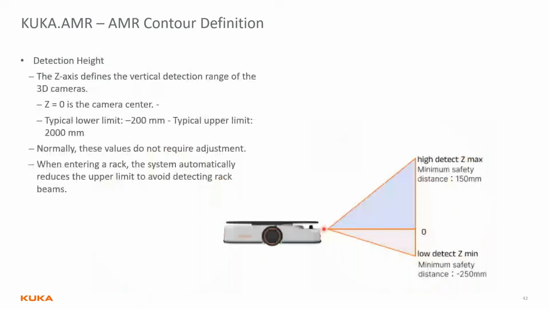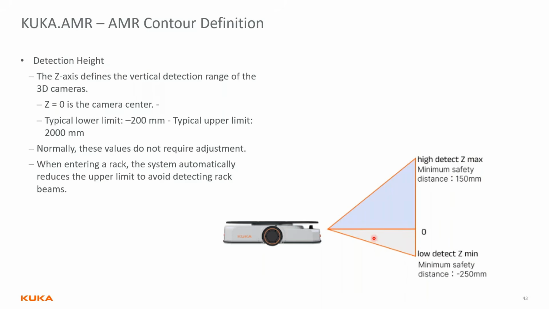There's the camera height and low and high detect Z. This is how far the AMR can see below the camera or above it. 0 is the camera level on the AMR. Low detect Z min is how far it's looking below, and high detect Z max is how far it's looking ahead or high.